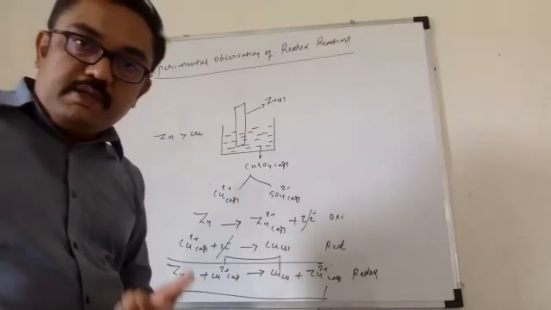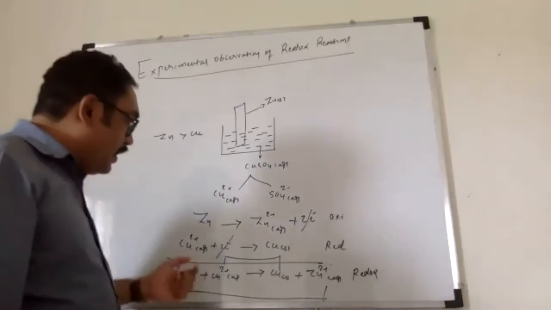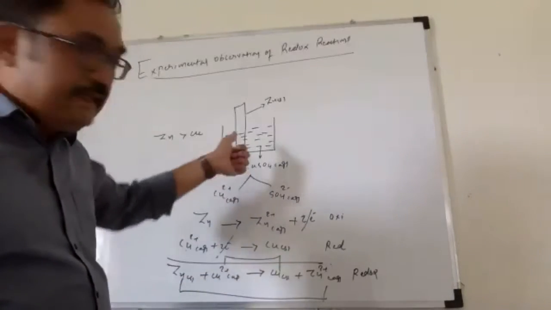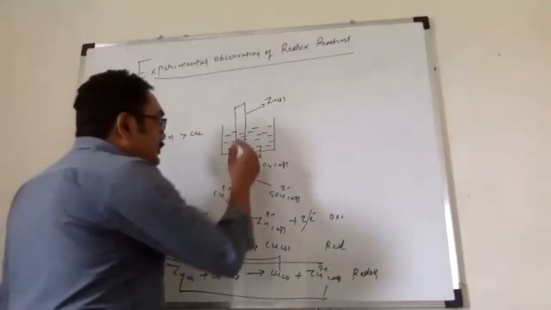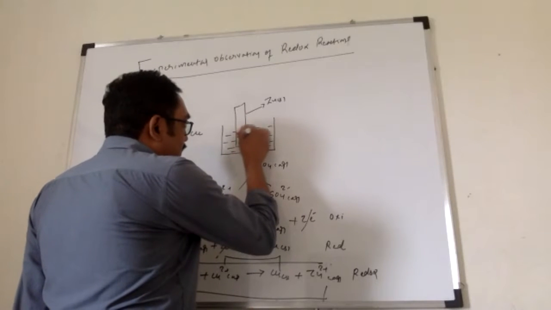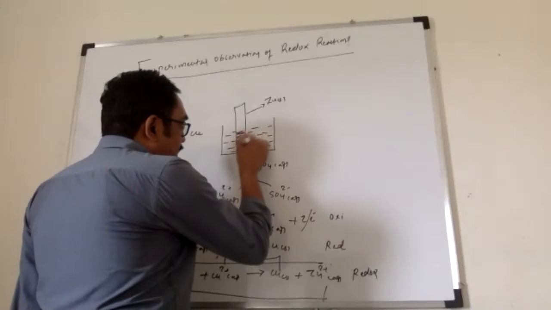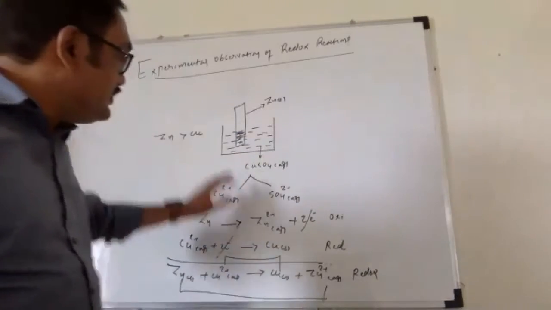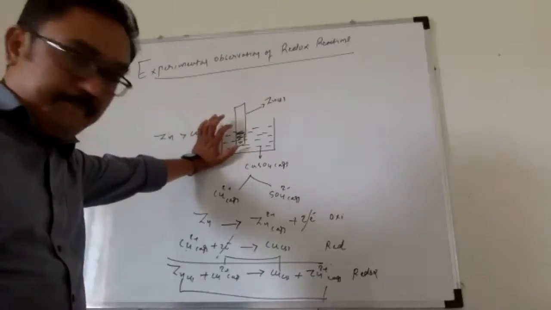What other observation will you notice? The copper ions gain electrons and deposit as copper on the Zn strip. So this part of the Zn strip where the copper deposits, you will see a change in color.